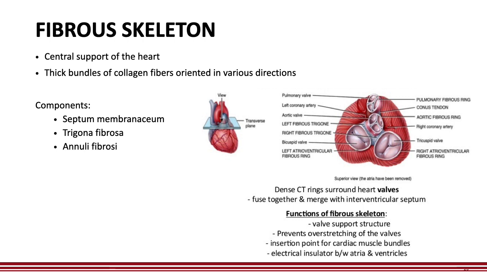The fibroskeleton supports the valves, and it does this by preventing overstretching of the valves as blood rushes into the various chambers. The fibroskeleton also serves as the insertion point of the cardiac muscle fibers and serves as an electrical insulator between the atria and the ventricles.